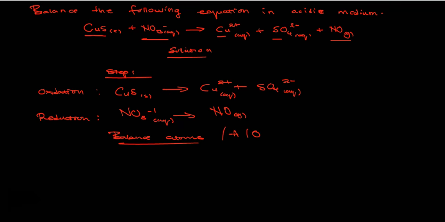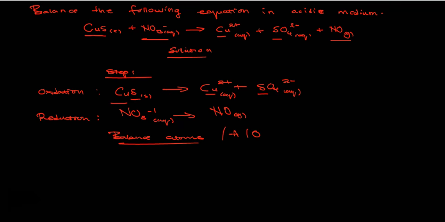We can talk of copper in our first. Copper and sulfur, I think, are already balanced. We only have one each here, and also one here, even sulfur, one here. So it is already balanced, so we skip this step.